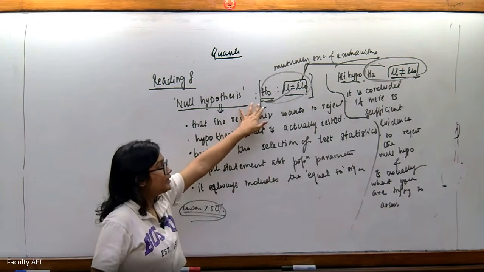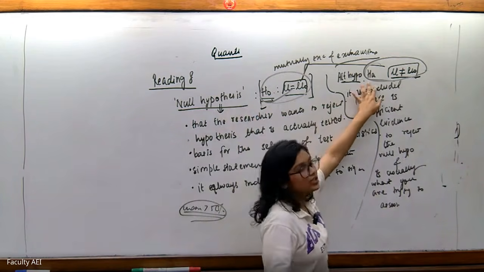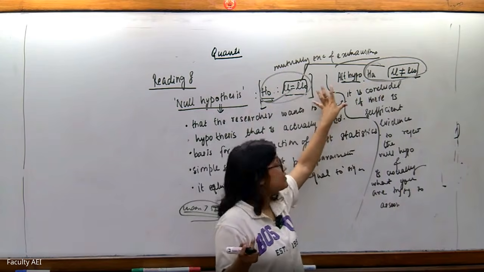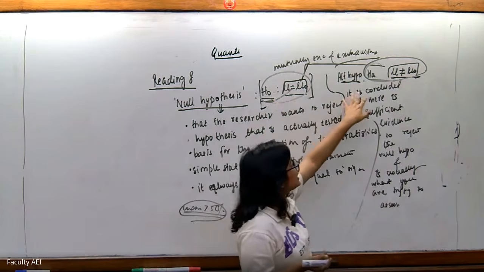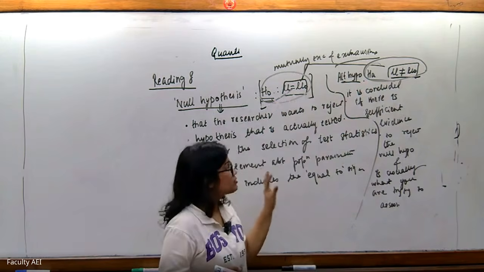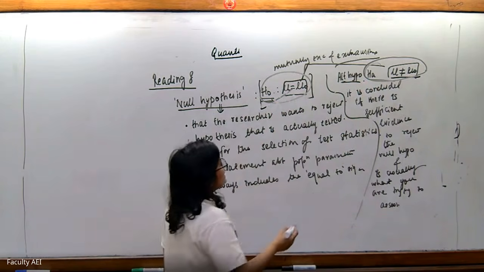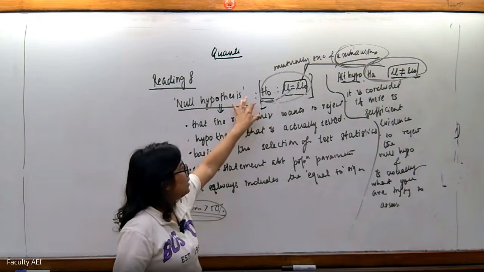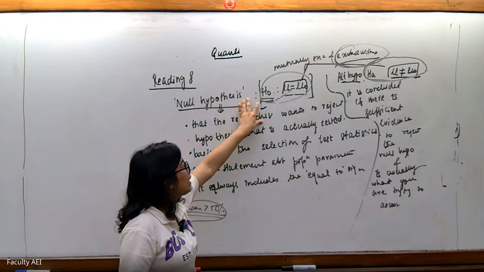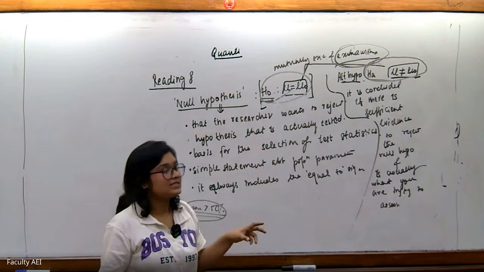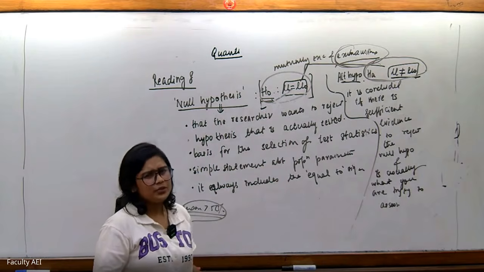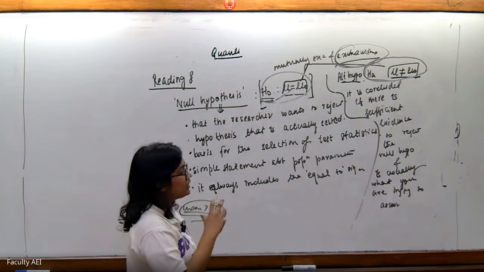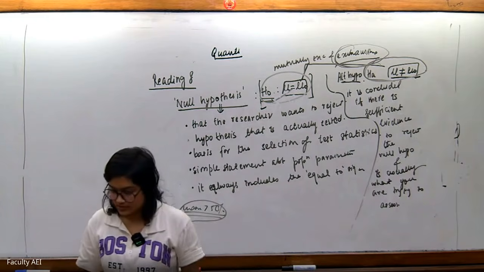If mu is not equal to mu naught, then if we have certain evidence to reject the null, then we conclude that mu is not equal to mu naught. So all the values are covered. That is, they are exhaustive. And in no case can there be a situation that you are in a position to conclude both statements, that mu is equal to mu naught and mu is not equal to mu naught as well. There are no values which will satisfy both the alternative hypothesis and the null hypothesis.